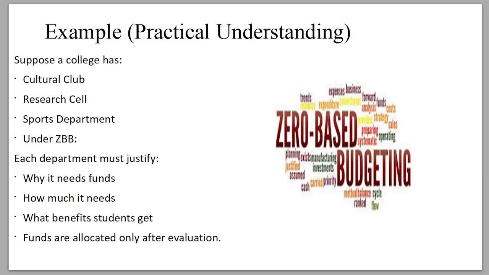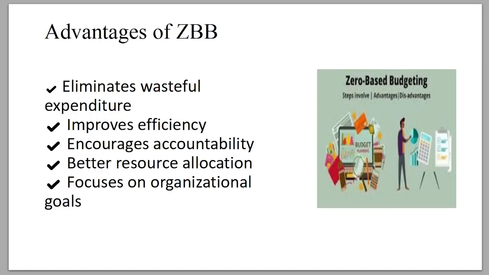Same for sports, same for cultural activities. If cultural activities benefit more students, they may get higher priority. So, allocation becomes rational, not emotional, not political, rational.